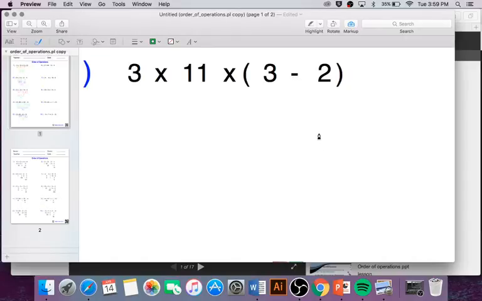Our next problem, we have 3 times 11 times 3 minus 2 in parentheses. Our parentheses are the first thing we're going to solve. So that'll be 3 times 11 times 3 minus 2 is 1.